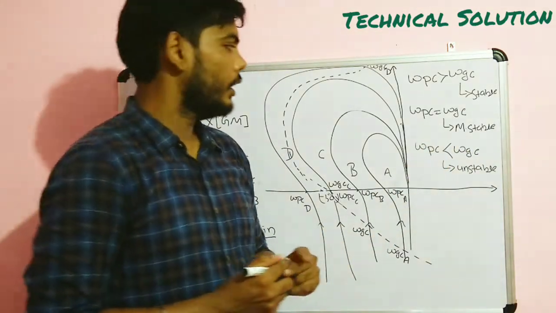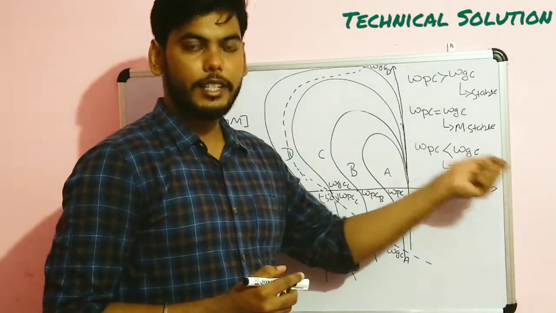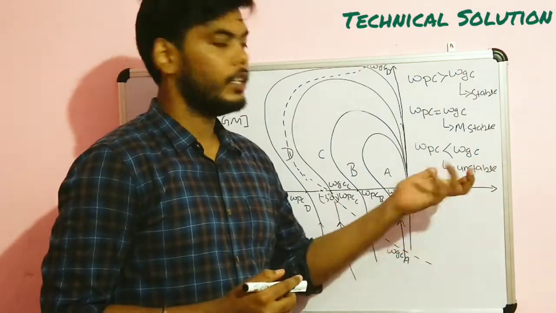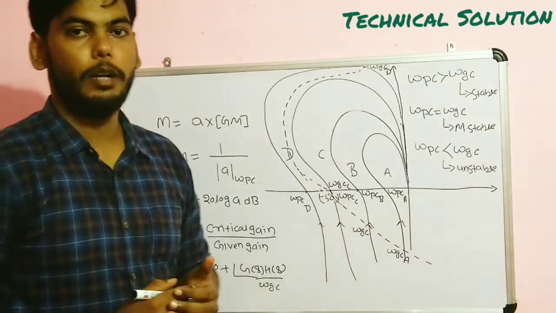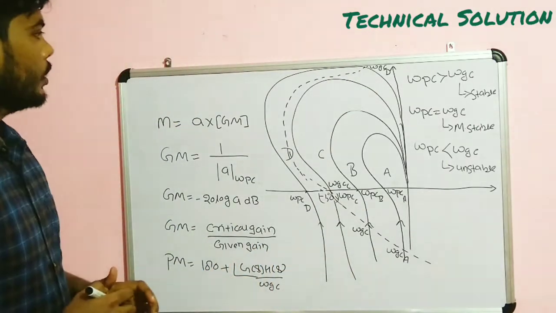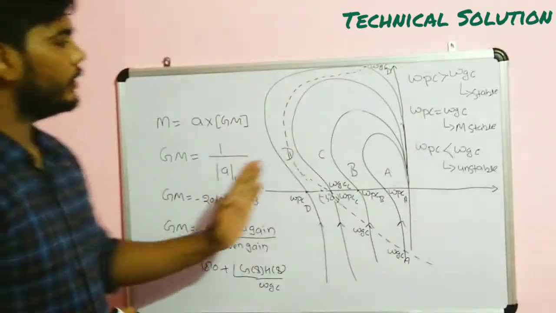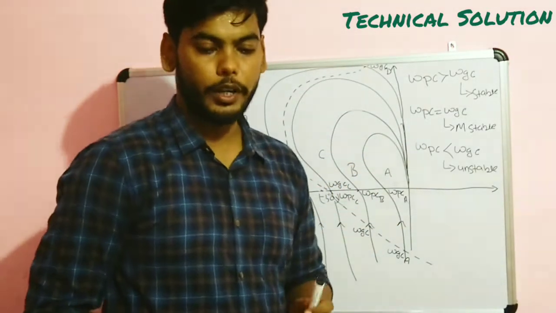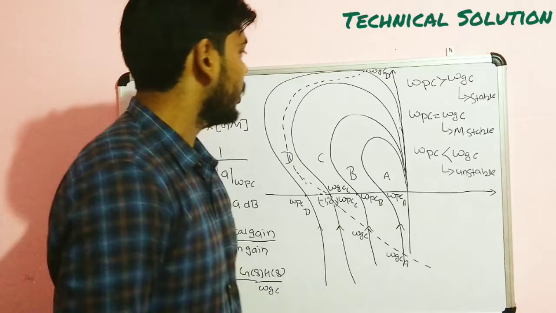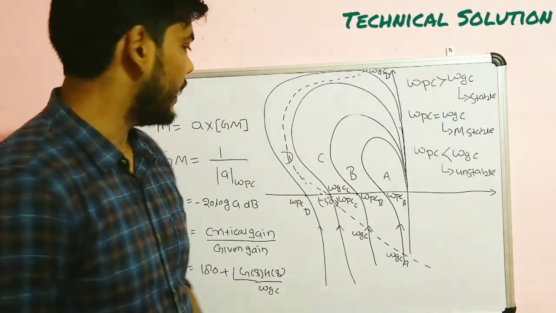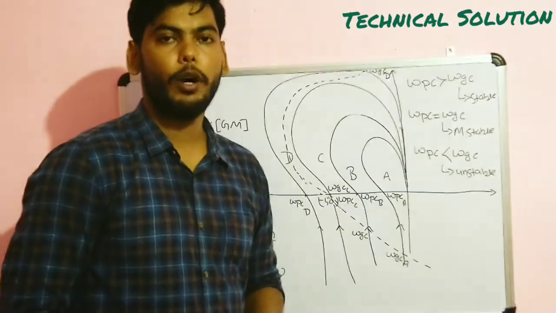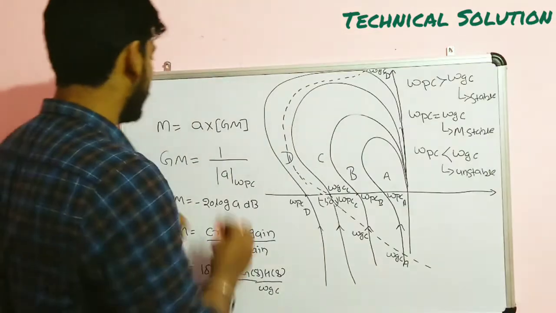On the other hand, when it is less, the system becomes unstable. So we will see the formulas of gain margin and phase margin, and these are the important points from the polar plot. Let's see another point about gain margin and phase margin.